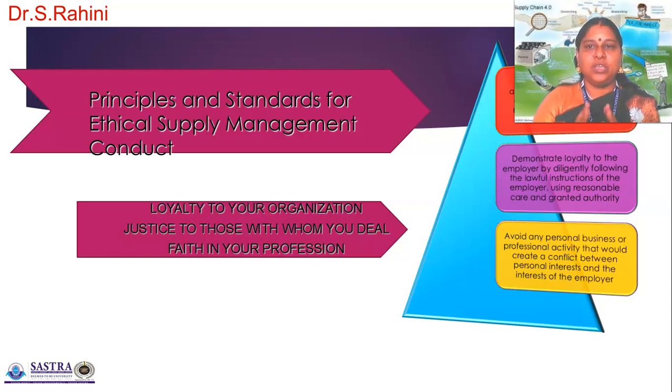Demonstrate loyalty to the employer by diligently following the lawful instructions of the employer, using reasonable care and granted authority. Avoid any personal business or professional activity that would create a conflict between a personal interest and the interest of the employer, or else that conflict is to be mitigated.